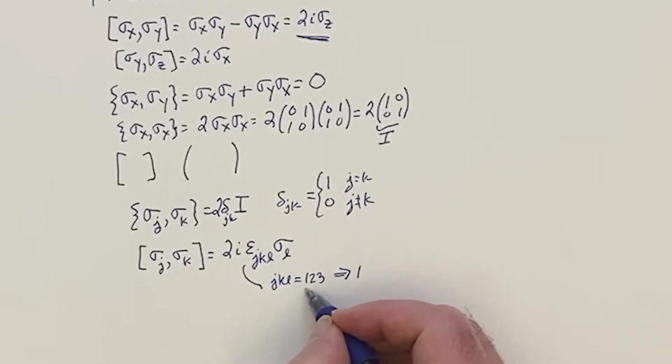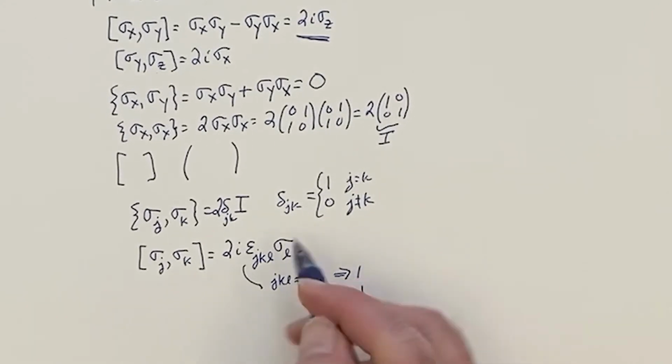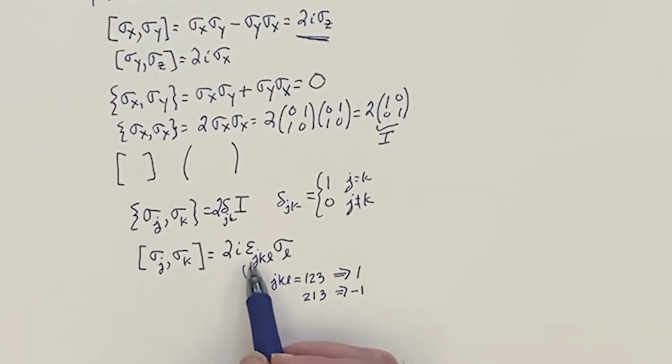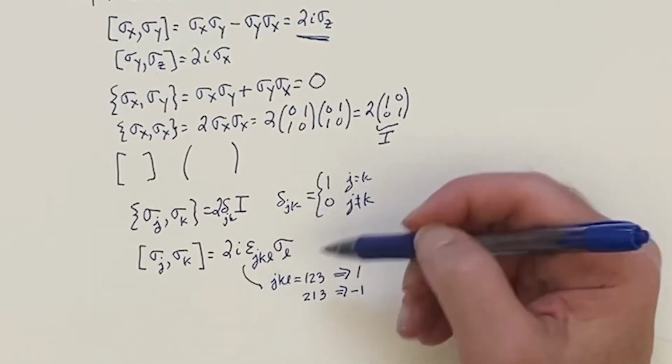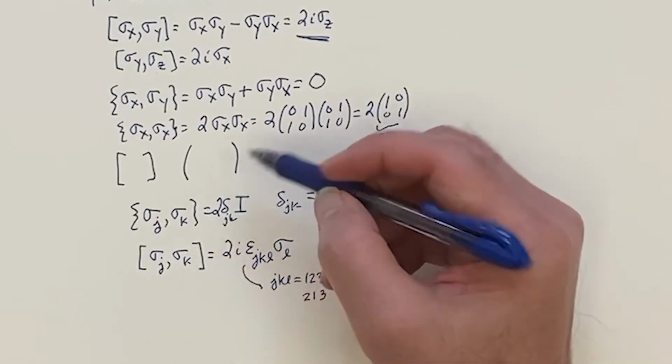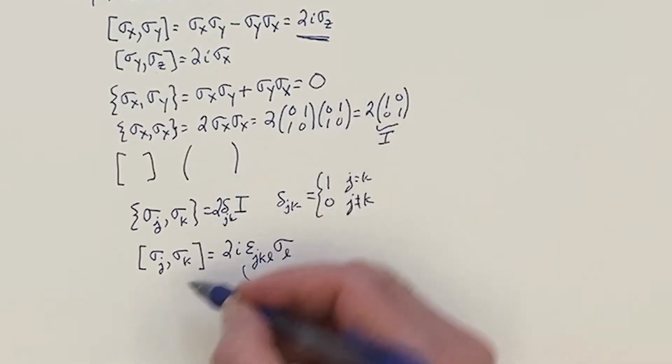And if it's cyclic, you still get 1. But if you swap 2 of these and have a 2, 1, then you get a -1. So if you were to swap these, you would have the minus case. So this is a very, very shorthand notation to express the commutator and anti-commutator.